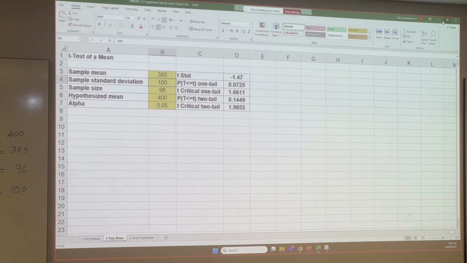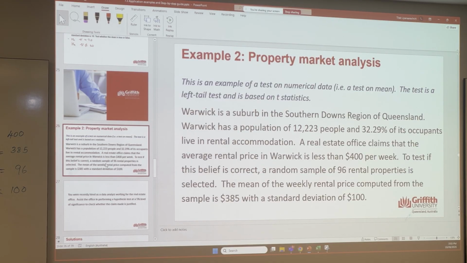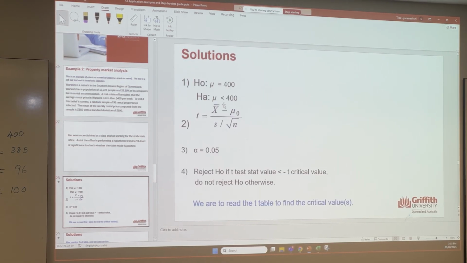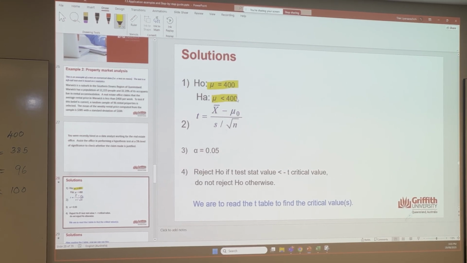Okay, so we did something quite differently. You know this slide, you have all the details. They have actually used less than 400 as the alternative hypothesis, right? But we use a not equal to.